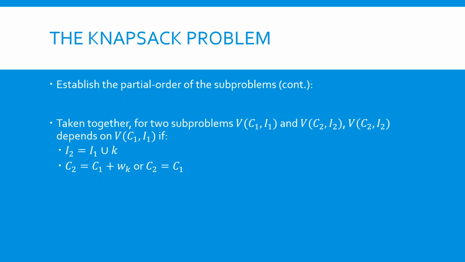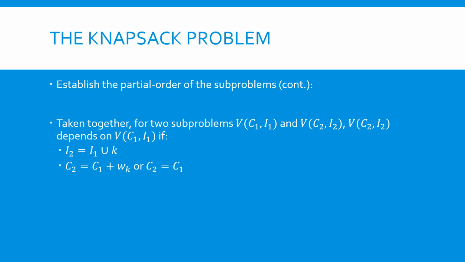Combining the constraints on both the candidate set composition and the capacity, we define the following partial ordering. Given two subproblems V(C1, I1) and V(C2, I2), V(C2, I2) depends on V(C1, I1) if both of the following conditions are met.